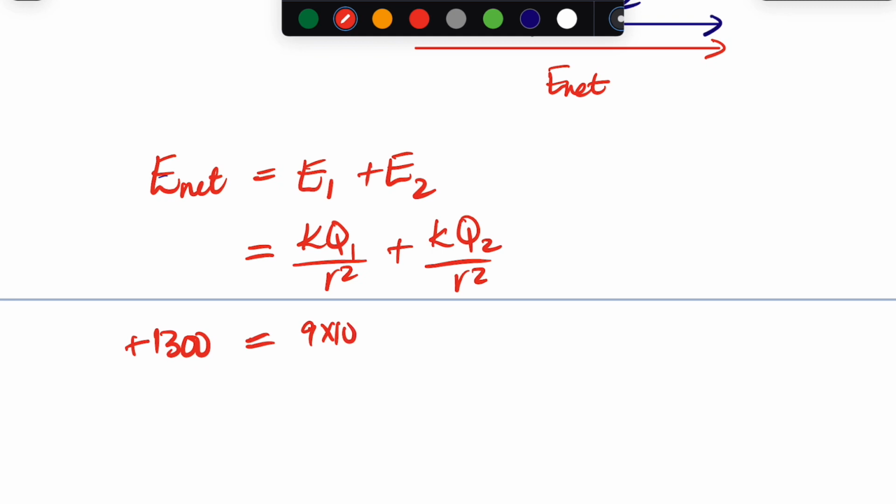And then we put the Q there, and the Q1 is 20 nanocoulomb. Then we divide by the distance.